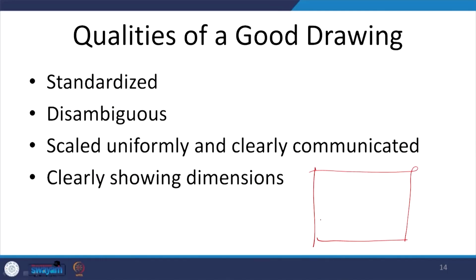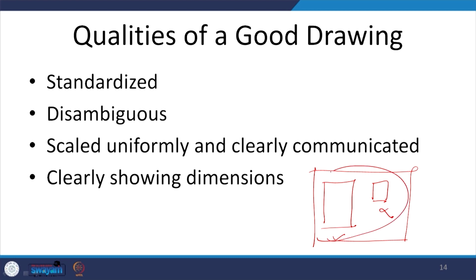Third thing, it has to be scaled uniformly, and the scale has to be clearly communicated along with the dimensions. So it has to clearly show the dimensions. Now when I say scaled uniformly, what I mean is we could have a huge big drawing. Now if I have one piece of the drawing here and another piece here, it should not have some other scale here and some other scale there.